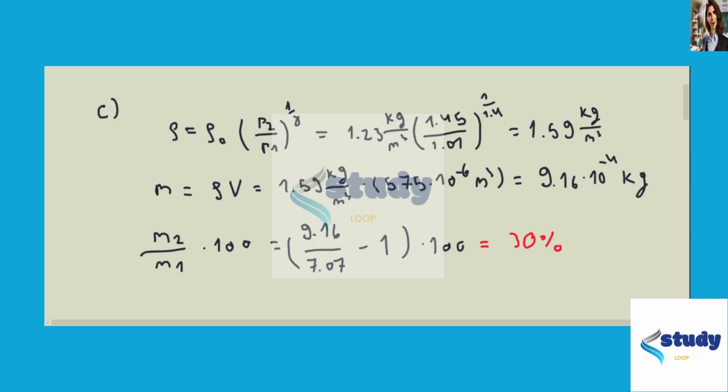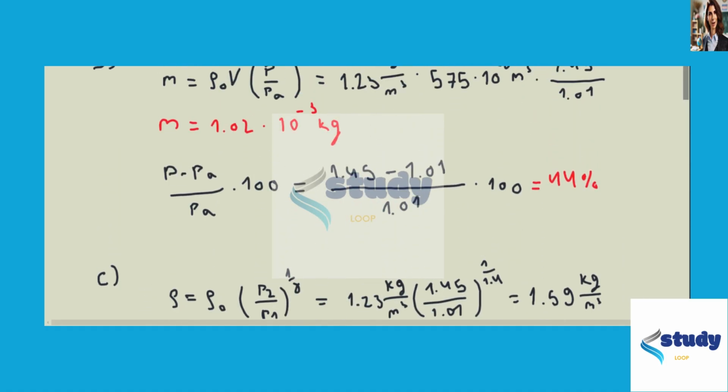So the mass changes, and this will actually be the change of the power, because corresponding to this change of mass, the power will also change by 30%. So we can say that here the power increases by 30%, and with the change of mass that is in part B, the power changes by 44%.